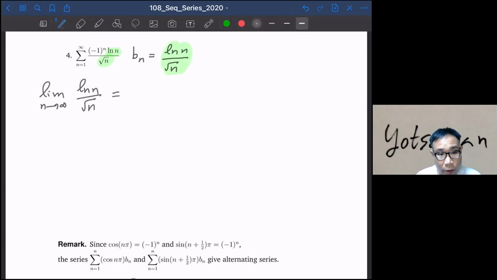For this one, you differentiate. So log n, you differentiate the top, it's going to be 1 over n. You differentiate the bottom, so you get 1 over 2 root n.